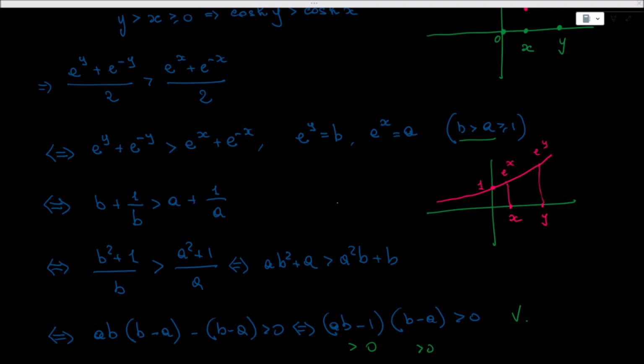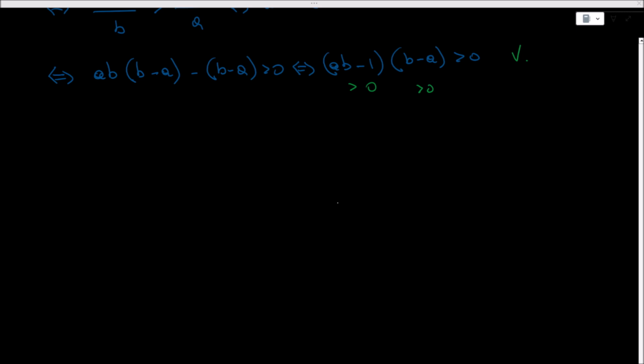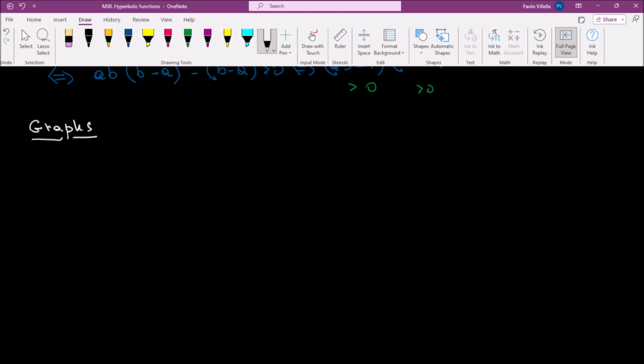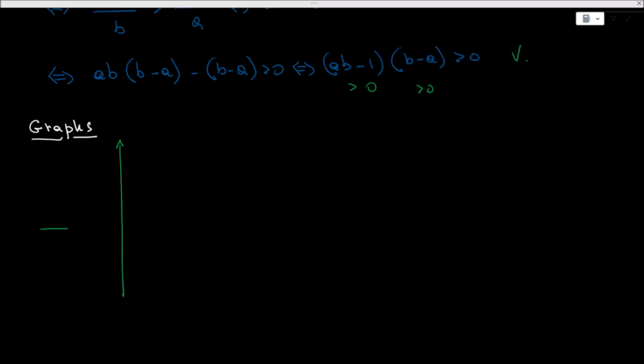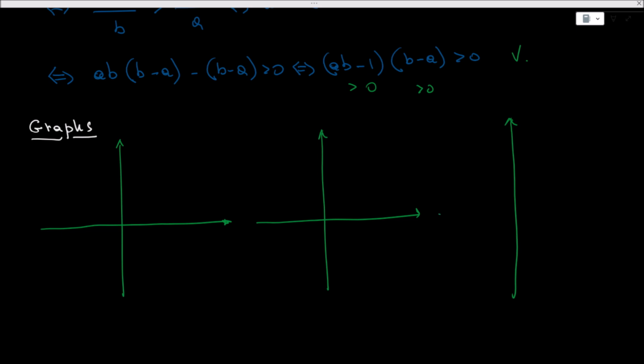Now at this point we are ready to attempt plotting the graphs. These are the graphs of the hyperbolic functions. Let me start with the hyperbolic sine, then we'll plot the hyperbolic cosine, and finally the hyperbolic tangent.